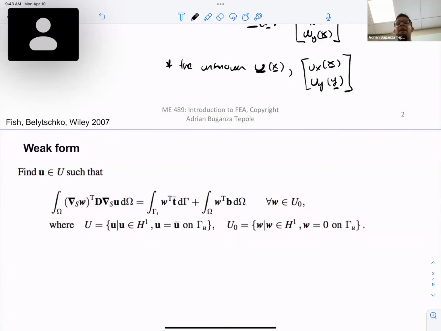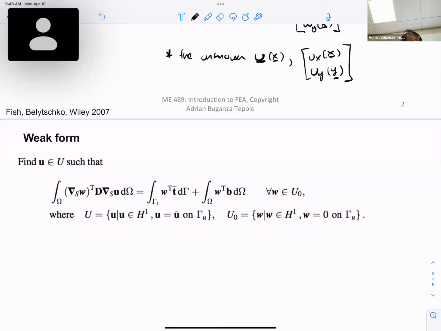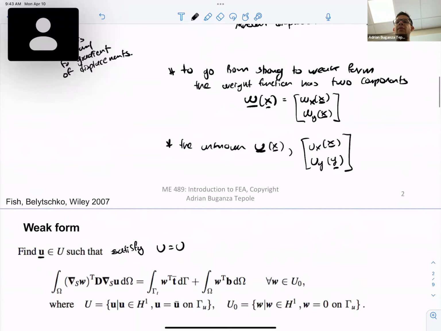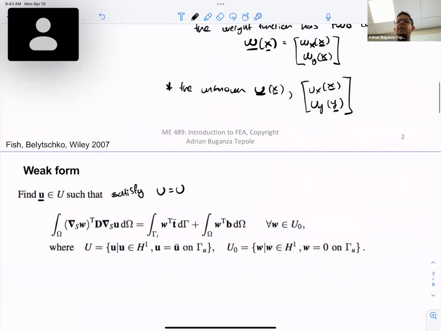But the weak form at the end of the day is: find the displacement vector U, which has X and Y components, satisfying the essential boundary condition. So it needs to satisfy U equals, how did I call it, U hat.